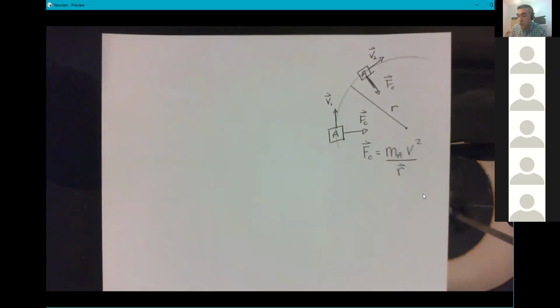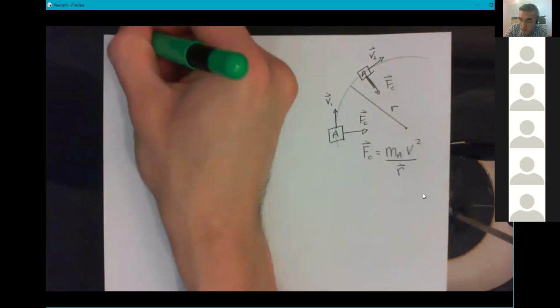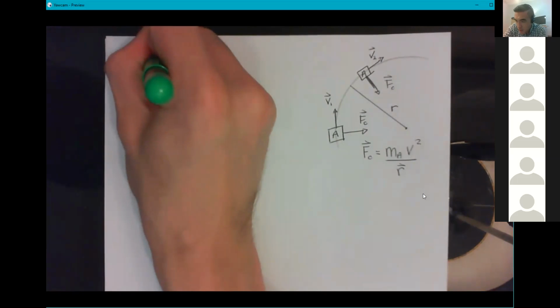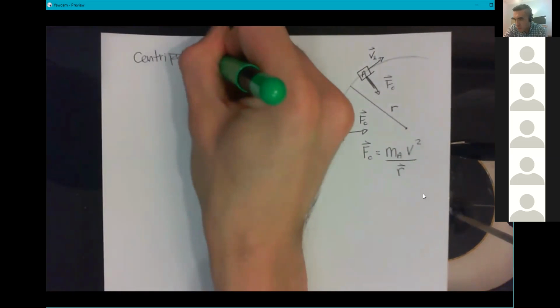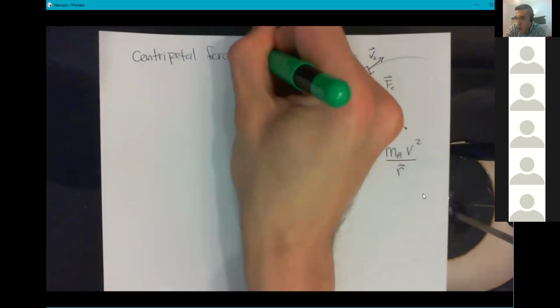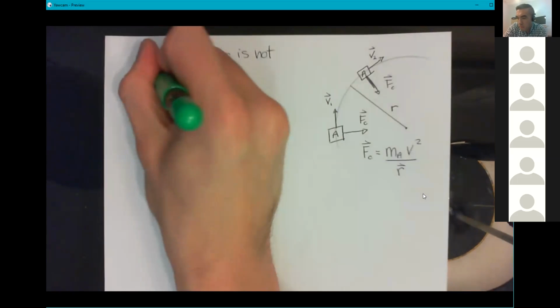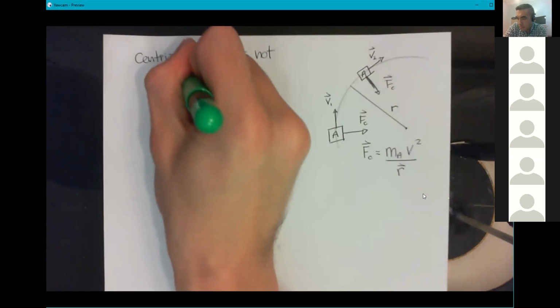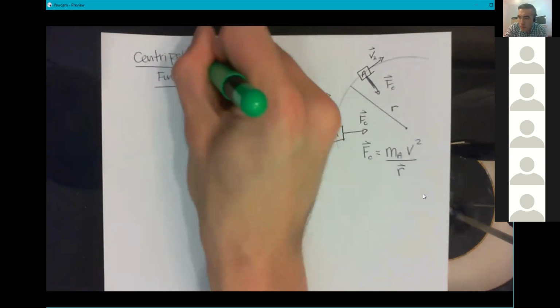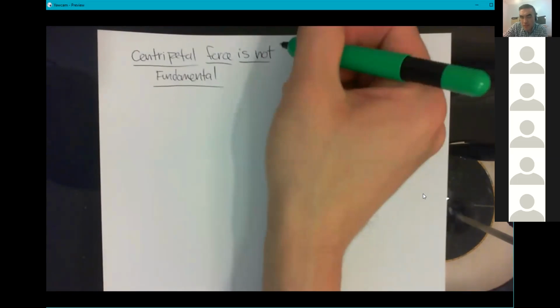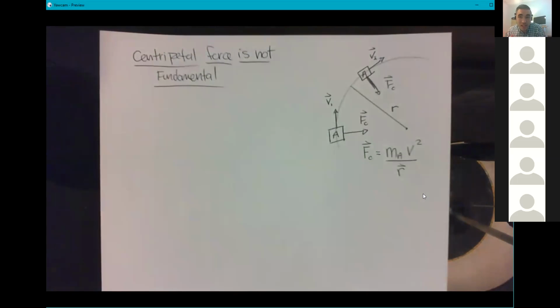However, the reason I bring this up is that it's crucial to understand that centripetal force is not fundamental. There are only four fundamental forces in physics: gravity, electromagnetic, strong and weak.